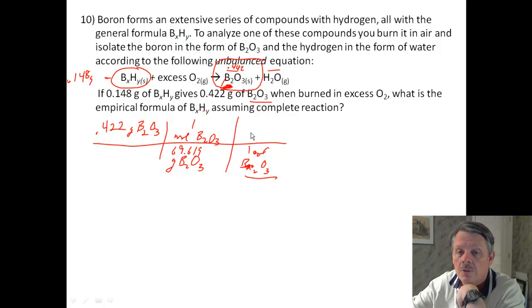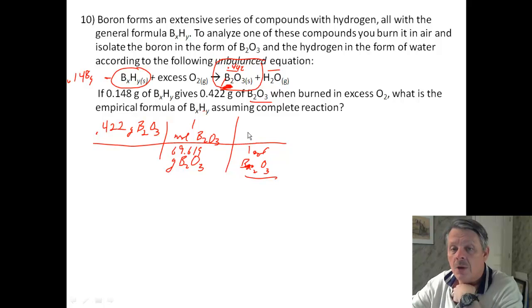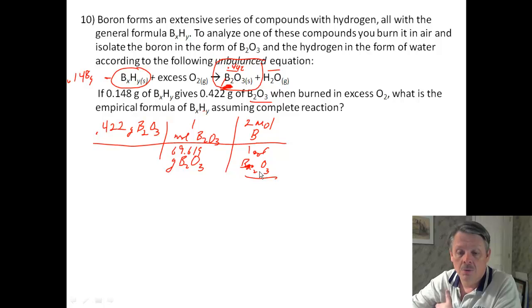So that would mean we have 2 moles of B for every mole of diboron trioxide.